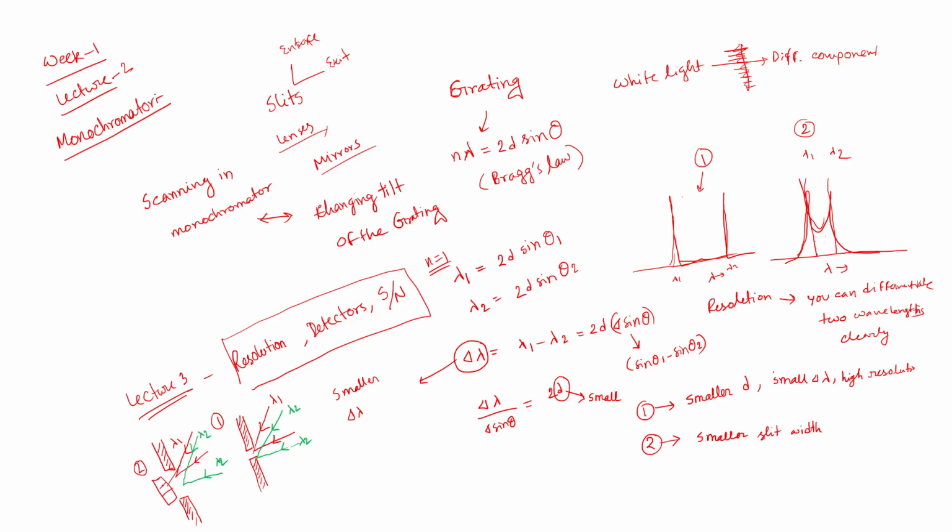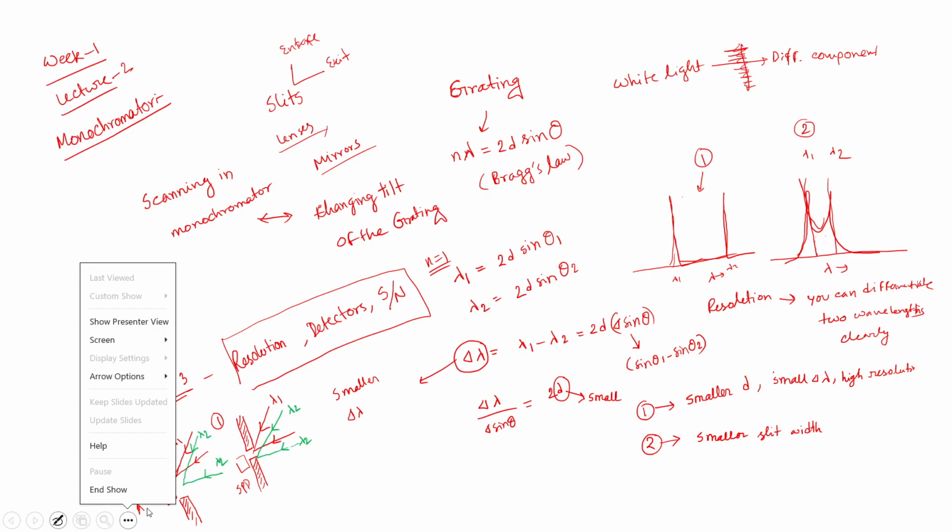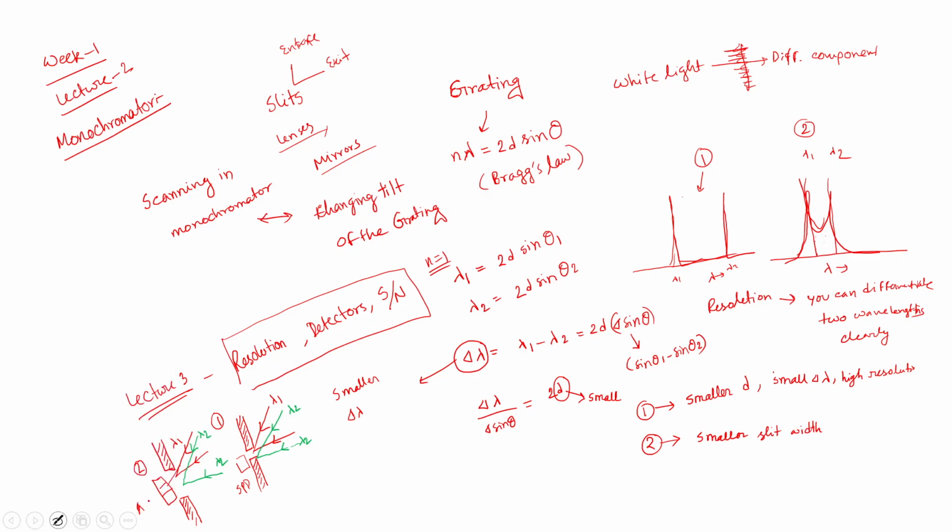So you don't need much scanning in the case of array detectors. But for the SPD, the single photon detector, you need scanning, while for the array detector, AD, you don't need that much scanning. Different kinds of detectors have been discussed, so I will not go into that because it will be repetitive.